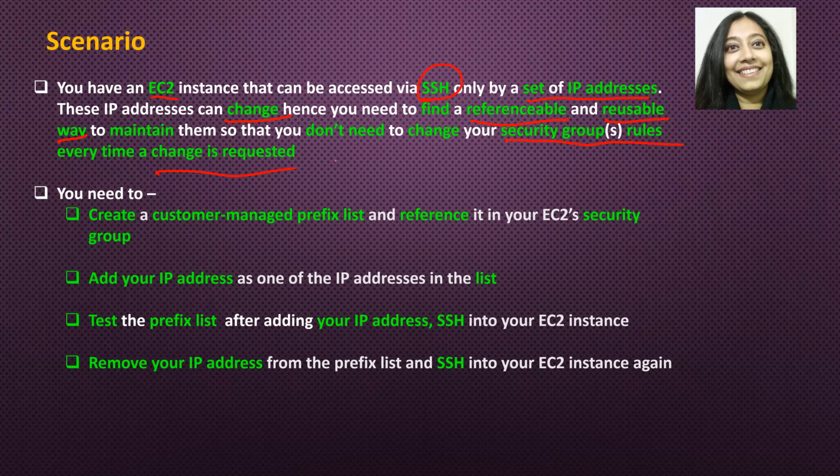So generally what you do is you launch your EC2 instance and you create a security group, and then you create individual rules in your security group.